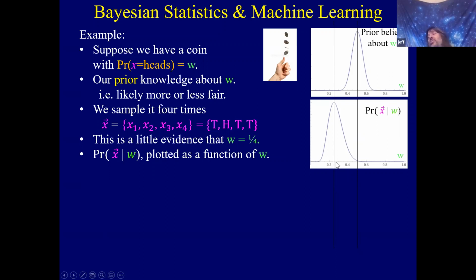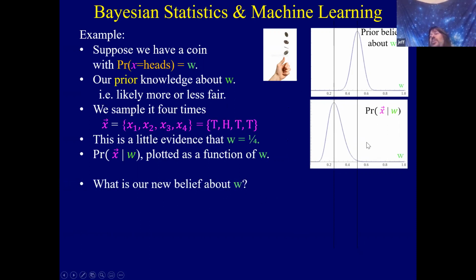And you'll see when W is a quarter, the probability of getting this data is the highest. And if W was really high, then the probability of getting this data would be really small, right? So this plots the probability of getting our data.